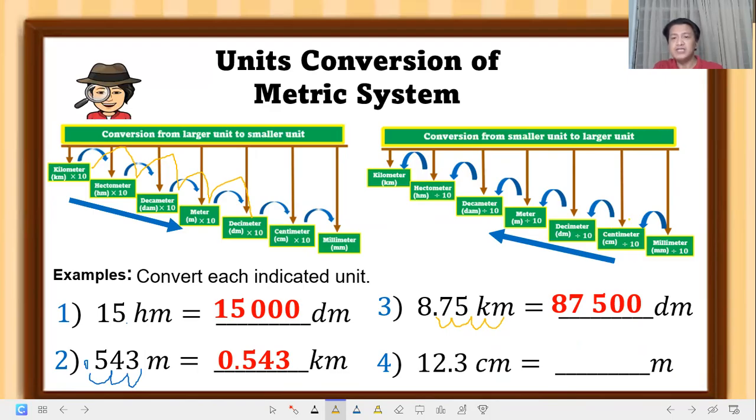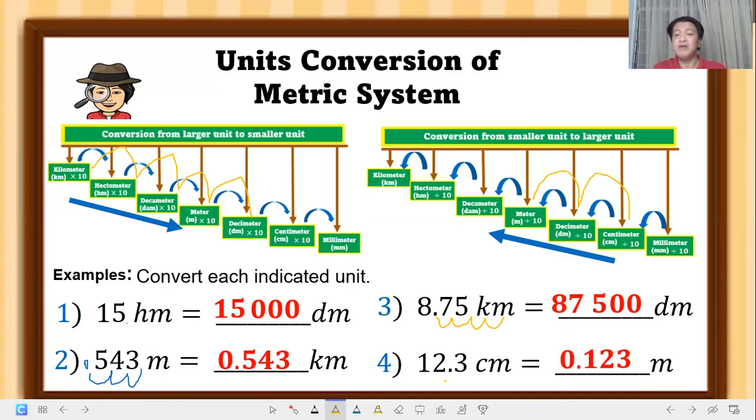Okay, kaya bibilangin mo siya yung step mo. Lalaki yung ating unit, smaller to larger. Kaya 1, 2. And the 2 steps, meaning to say 10 raised to 2 equals to 100. Okay, and therefore, multiply mo yon by 12.3 or you can simply move the decimal point. Kapag dinivide mo to, remember divide to kaya nga ang magiging value natin dyan is equal to 1, 2, 3.